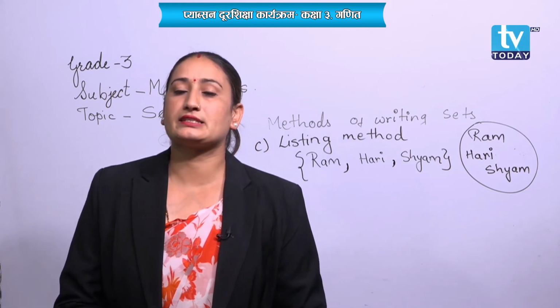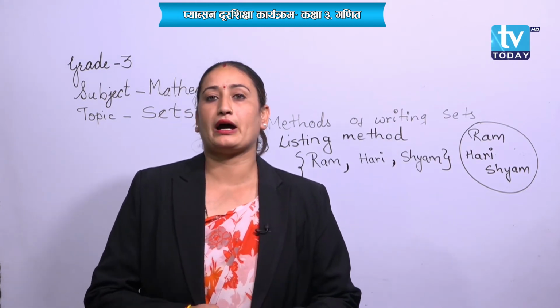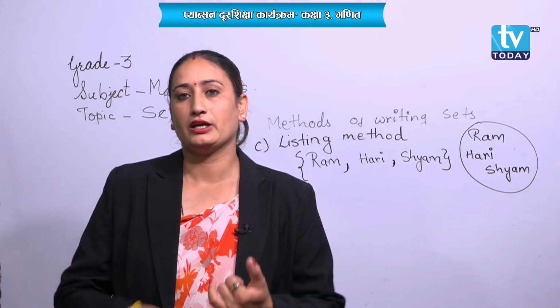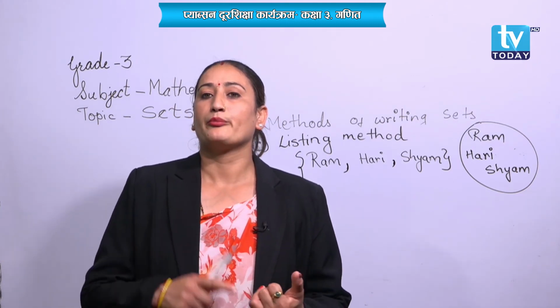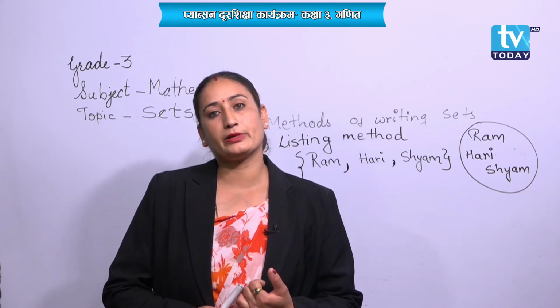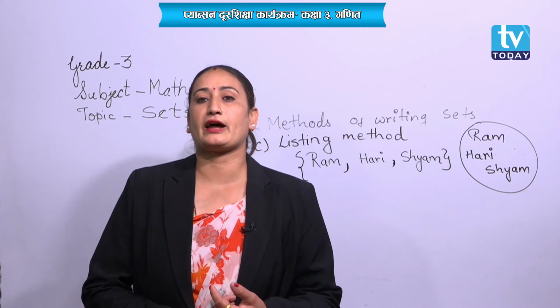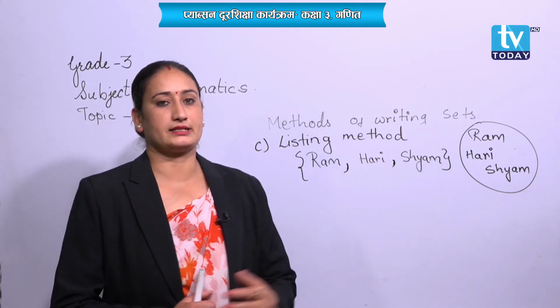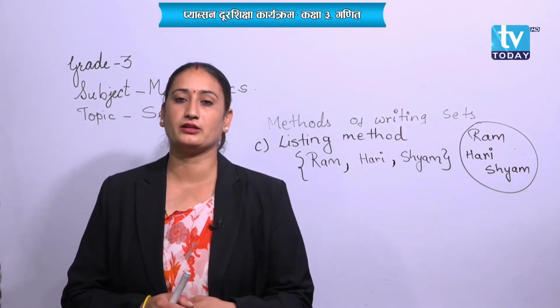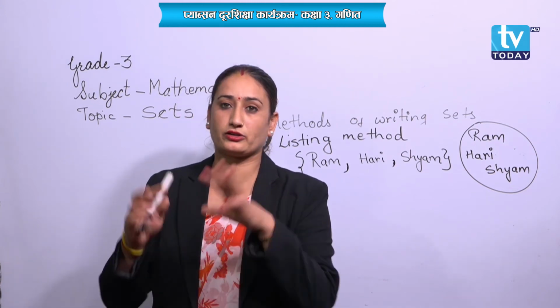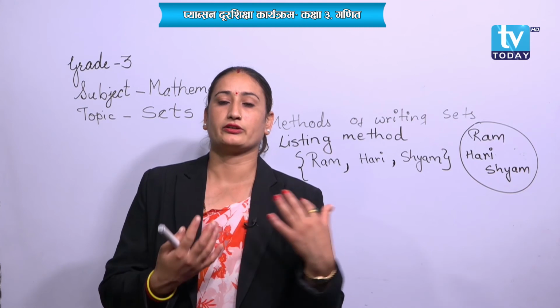So, students, in sets, we are learning how to describe the set using the belong to and doesn't belong to signs. Then after, methods of writing sets. We have learned 3 methods, right? What are they? First one is showing through a diagram and you need to write the answer.